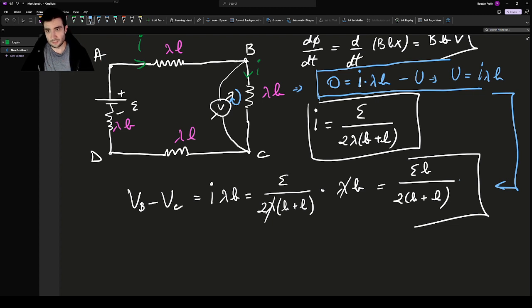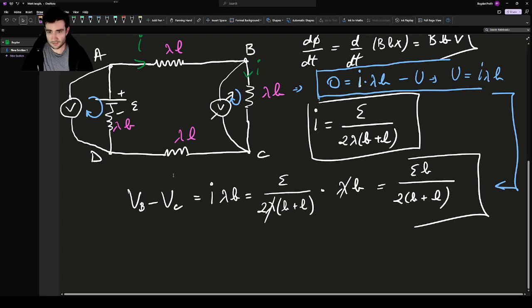The other question is trying to figure out what the potential difference is between A and D. So let's do the same thing. I'm going to put a voltmeter like this. That's my voltmeter. And then I'm going to take the direction of the loop in this way, from A to D on the above segment of the circuit.